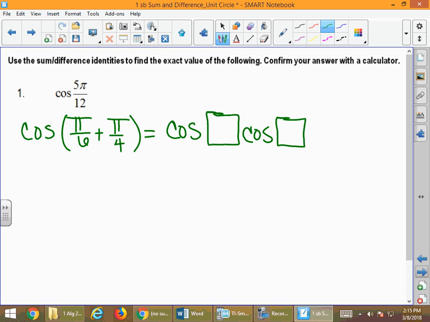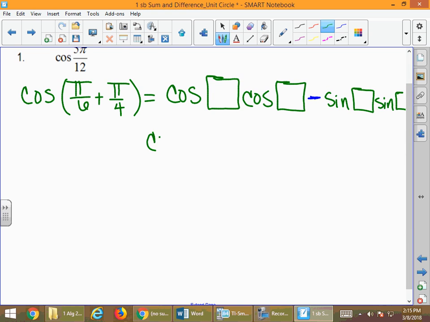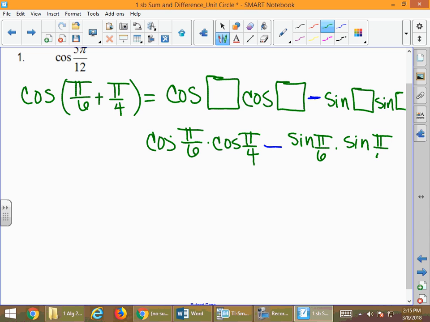But since it's plus, we're going to subtract, and it's going to be sine of some value times sine of some value. Can't put that in here, so I'm going to have to write below it, but that's the way we did that on the front page here. So to fit it in, it's going to be cosine of pi over 6 times cosine of pi over 4 minus sine of pi over 6 times sine of pi over 4.